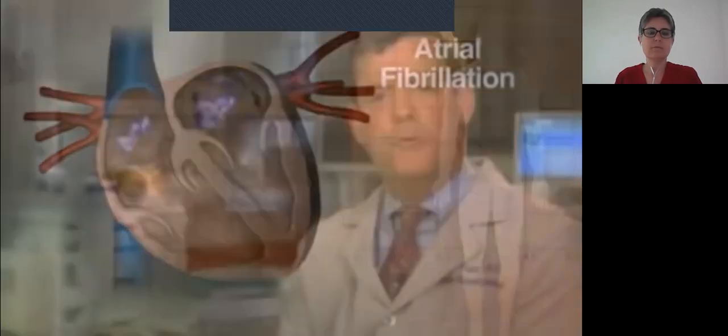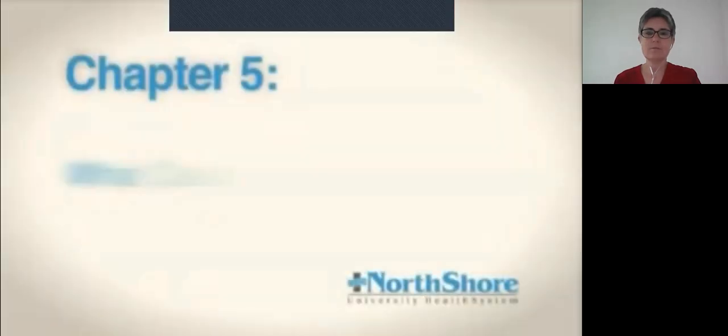This results in 2 mechanical problems. The lack of coordination between the atria and ventricles diminishes the effectiveness of moving blood with each heartbeat. This may make you feel fatigued or short of breath. Blood in the atria becomes stagnant, which can lead to the formation of blood clots. These can dislodge and go to the brain and cause a stroke or other problems.